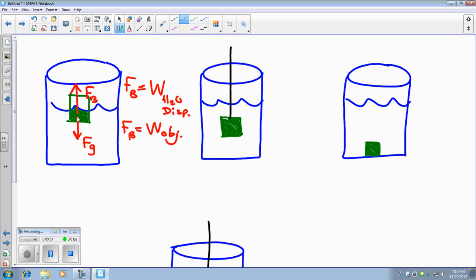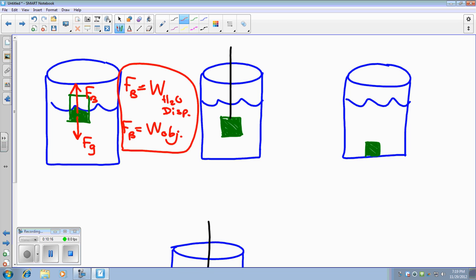And personally, I would want to be comfortable making these two equations and setting them equal to one another. Maybe define something like density or mass. I want to be comfortable finding different variables within these two equations by setting them equal to one another.